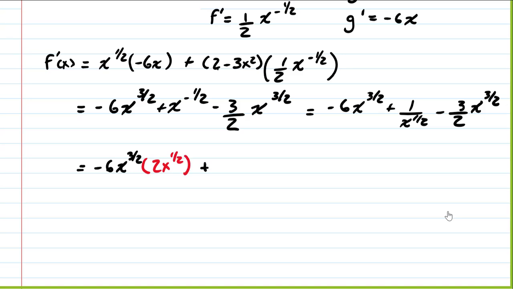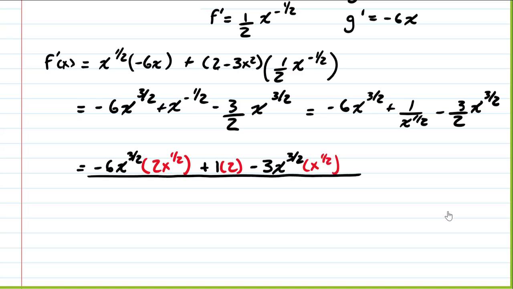Plus, our next one is going to be 1 times 2, because it's missing the 2 from the LCD, minus our last one, which is going to be 3x to the 3/2, and it's missing the x to the 1/2. And then all over our LCD, which is going to be 2x to the 1/2.